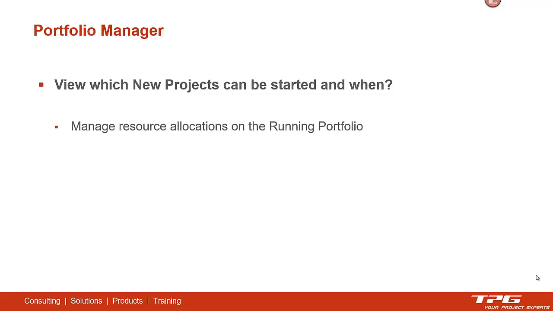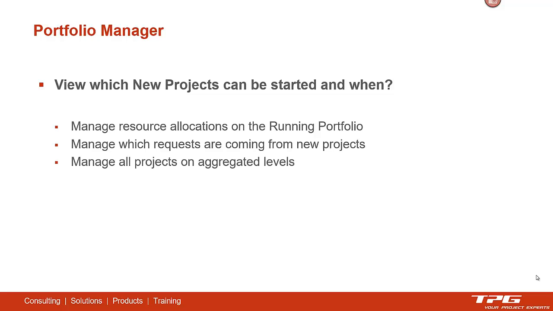What he wants to see is the resource allocations on running projects, so that he sees where he has free time. He wants to see how many requests are coming from new projects. He wants to see all that on an aggregated level, meaning he's not interested in task details or detailed planning on the projects.